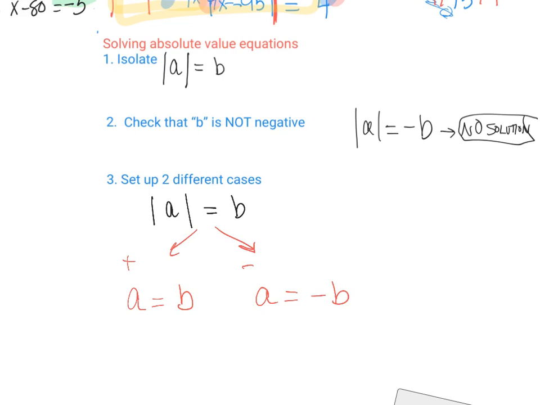So the two different cases are the positive case and the negative case. Remember that if from the very beginning your absolute value expression is equal to a negative, then you know there's no solution. But once you have that absolute value of the expression set up equal to the positive B, then you could break it down into the two different cases, and then the very last step is basically just to solve for each.